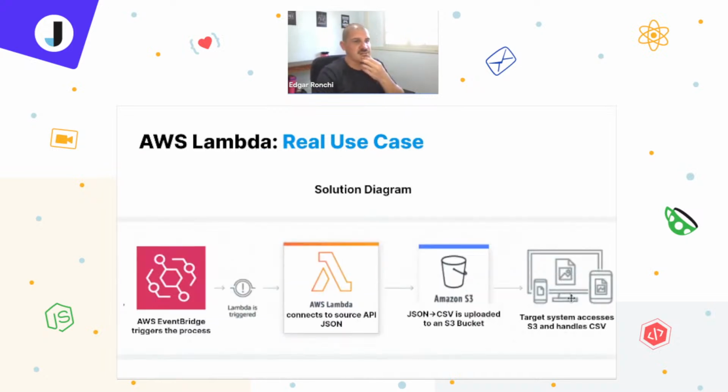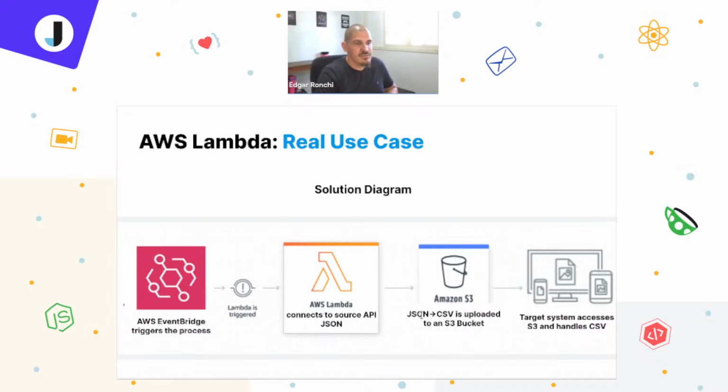To understand better this diagram of the solution, here we have the AWS EventBridge that will trigger the process. The Lambda will connect to the source API, returning a JSON as usual.